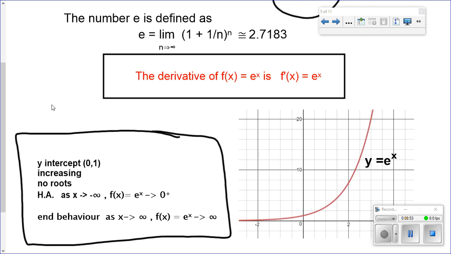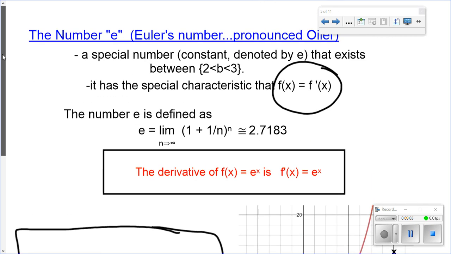Now I'm going to go back to Desmos and take a look and see if we can find this derivative and show you how to do that here. But before I do that, I want to focus on the importance of this. So Euler's number, Euler is another way to pronounce it here, is like pi or like root 2 or irrationals. Very, very important special numbers that had a long history in mathematics, and you're now introduced to a very important exponential base here.